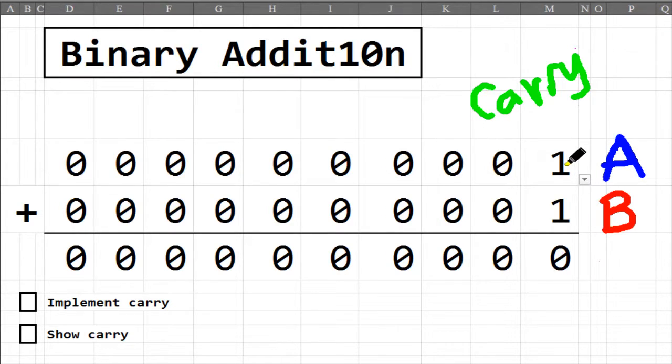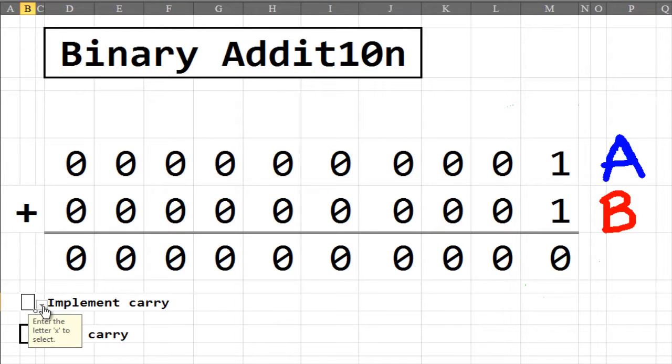So 1 and 1 is 2, 0 goes here, and we're going to carry the 1 to the next column. Let's implement that carry concept. So 1 and 1 is 2. 0 gets here, and the 1 carries over, and you have 1, 0.